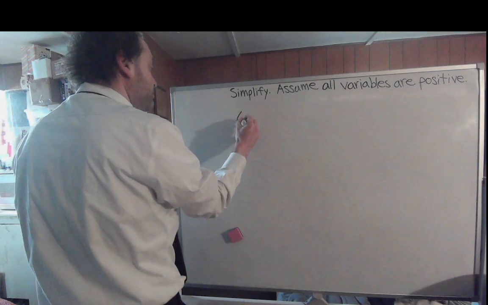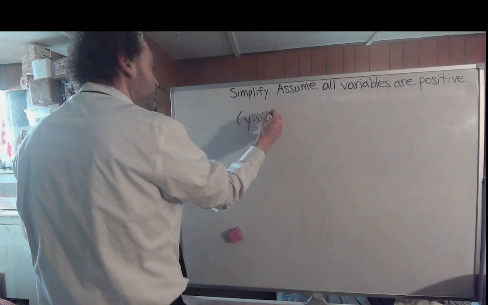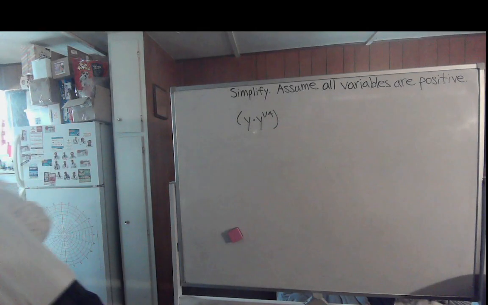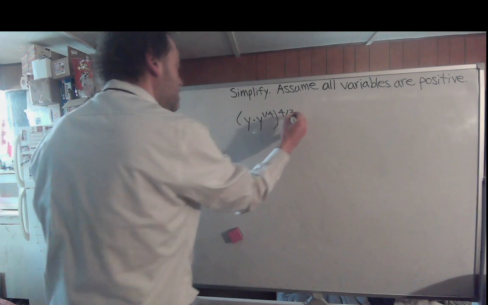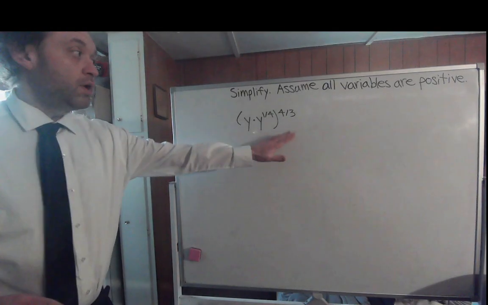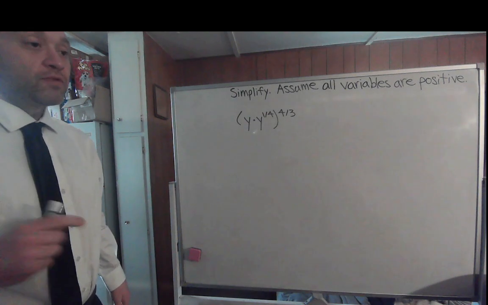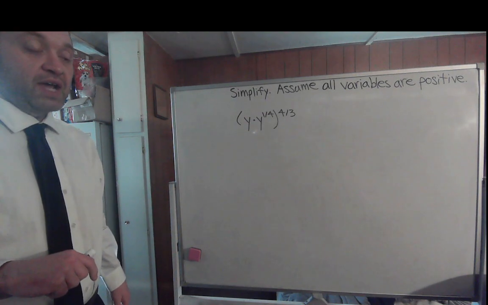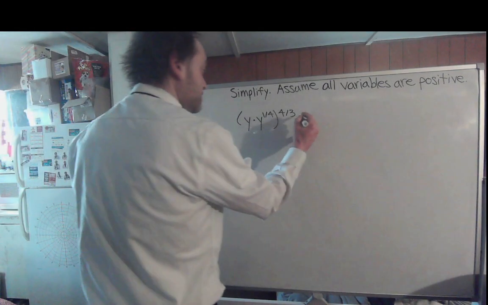Alright, let's see. We have y times y to the 1/4, that whole quantity raised to the 4/3 power. Well, order of operations dictates that I deal with what's inside the parentheses first.